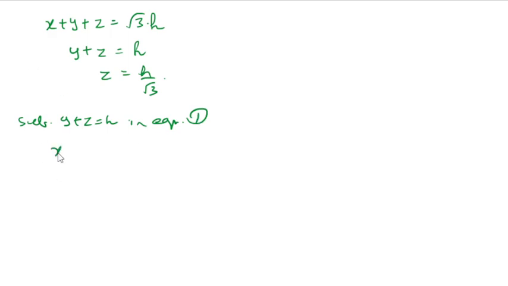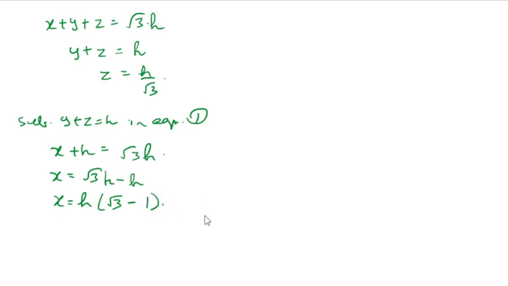This becomes x plus h equals square root of 3 times h. So x equals square root of 3 times h minus h. We add minus h on both sides; here minus h and here minus h, this minus h becomes 0 and this minus h is there, right? So x equals, taking h as common, h times square root of 3 minus 1.